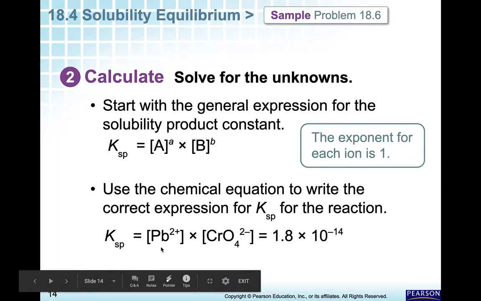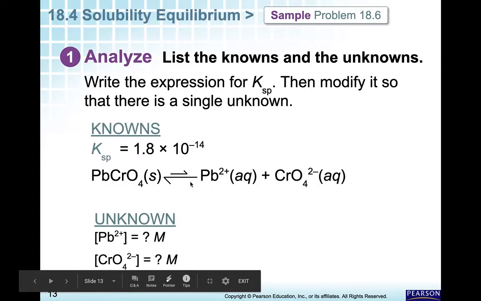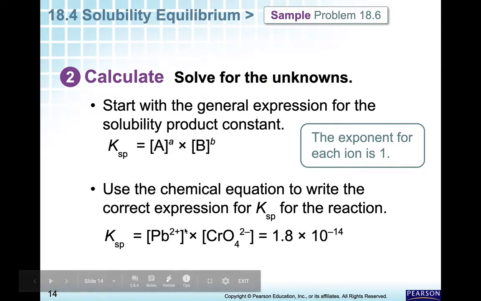So this is going to be equal to the concentration of lead ions times the concentration of chromate ions. Neither of these had a coefficient in our reaction. They've got a coefficient of 1, so they've got an exponent of 1. And we know the value for KSP. The solubility product constant is 1.8 times 10 to the negative 14th.